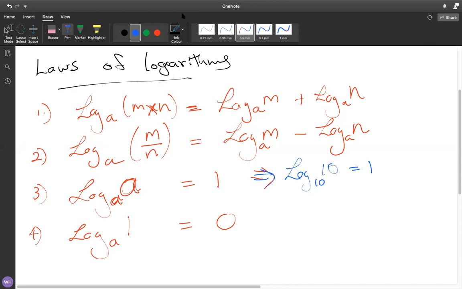Okay, guys, you may write this quickly. Laws of logarithms. Hurry up and write it.